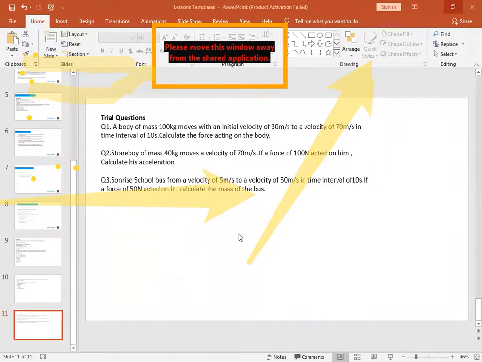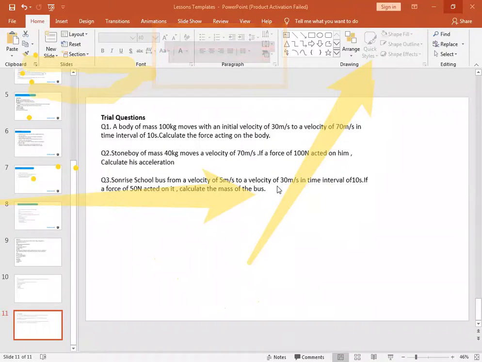Okay, let's see the acceleration of the stone ball, question 2. Your answers, please. Raise your hand if you have the answer.